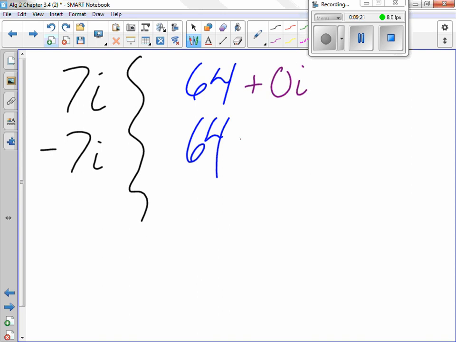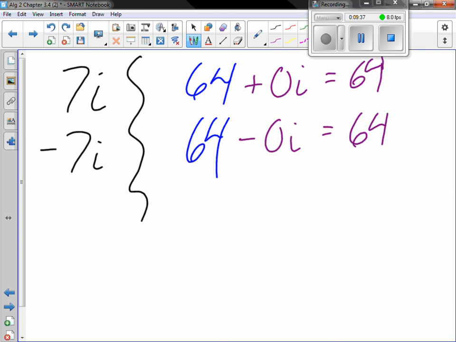I change it to become, well, 64 plus 0i is just 64, yes? 64 minus 0i is just 64, yes? So if it's a whole number, it's not going to change. Because we're only changing the sign in front of the term with i. Questions on this here?